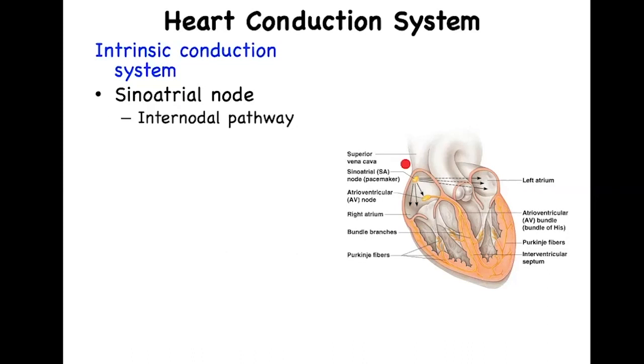But let's look at the SA node in greater detail. The SA node is called the pacemaker of your heart. The reason it's called the pacemaker of the heart is because it has the fastest depolarization rate of all of the pacemaker cells found within the conduction system. It's going to have a depolarization rate, in other words, a beats per minute, of between 80 to 100.